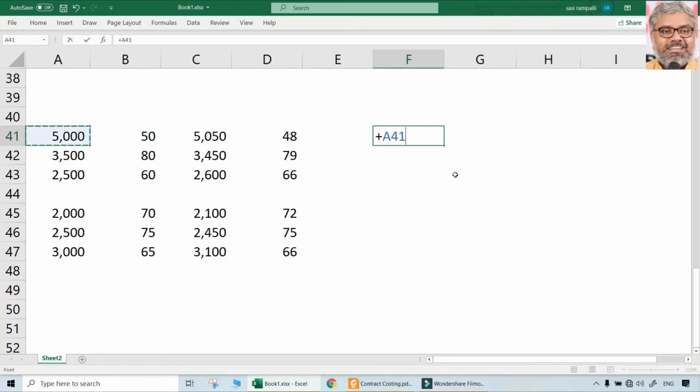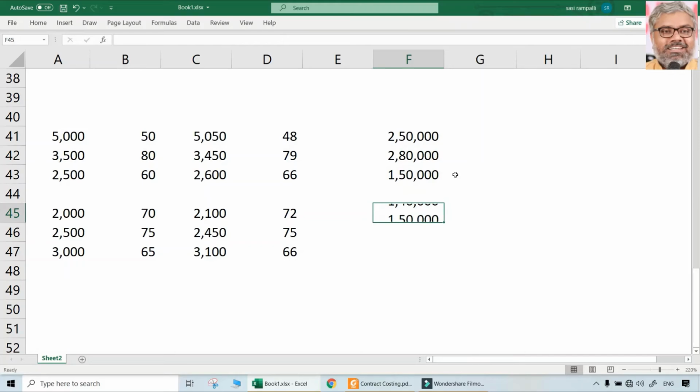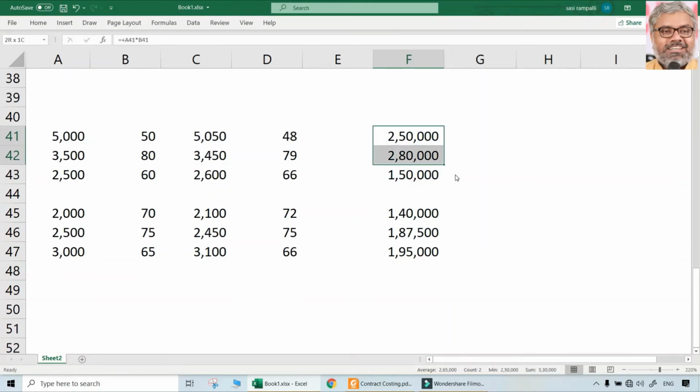So let us just take the total cost, how much should have been, material and wages separately. Maybe we can just have a total of all this, or separately also, whatever it is.